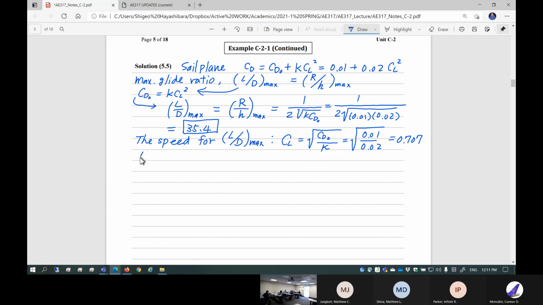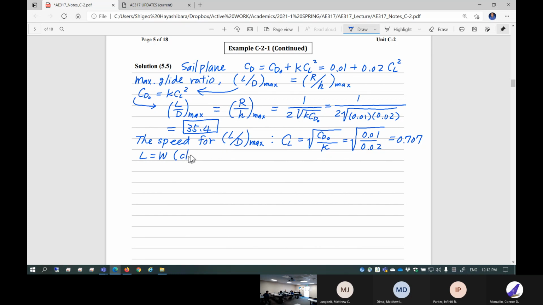Let's assume lift equal to weight, even though this is not steady level flight, but we can assume this because this is the power of glide. The glide path angle is very small. As a matter of fact, we want to make it as close to 0 as possible. So let's just assume lift is approximately equal to weight. Not necessarily true, but approximately.